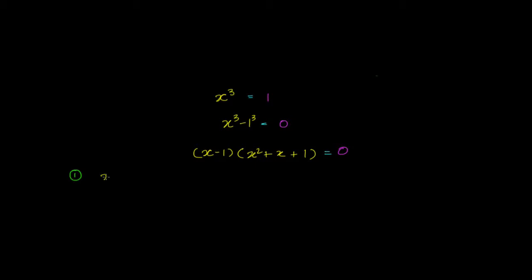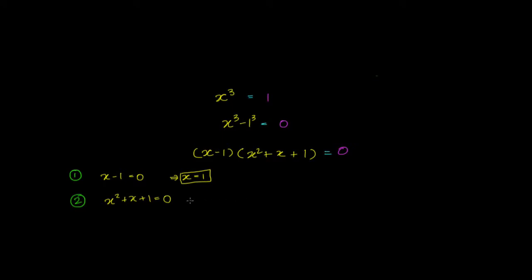So we'll take x minus 1 is equal to 0, which implies x is equal to 1. So the cube root of unity is just 1. Now we take the second and more complicated and awesome case. We'll take x square plus x plus 1 is equal to 0.